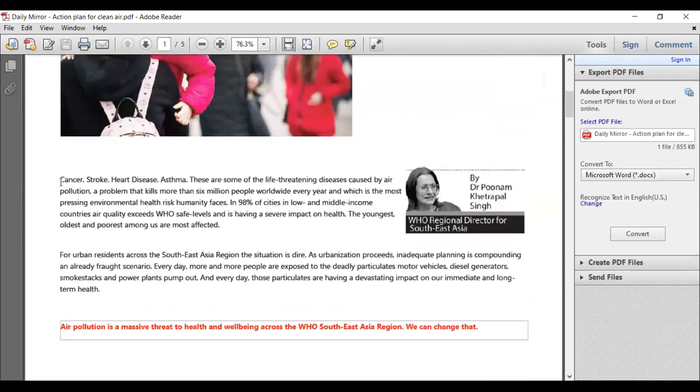I take only this part, just a few lines, and I'm going to copy this.